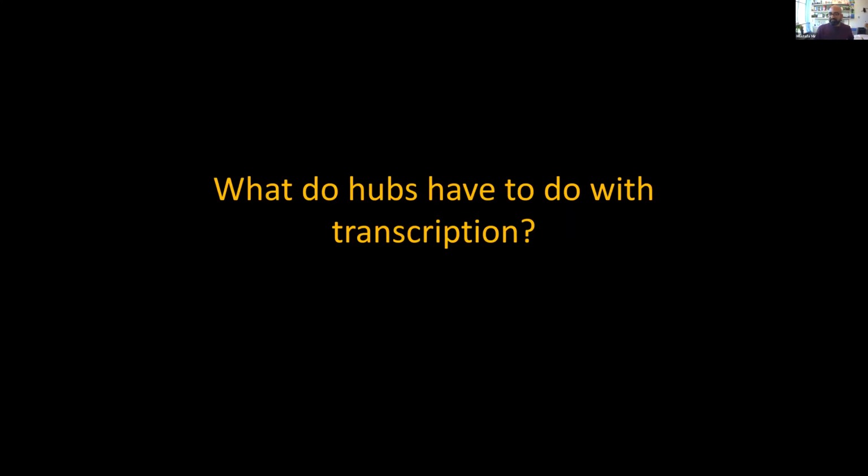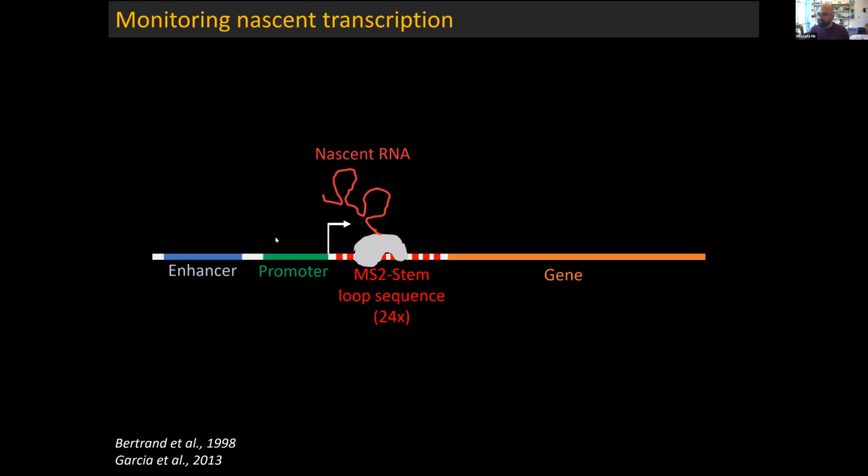This technology was developed by Rob Singer's lab at the Einstein Institute in New York City, which is called the MS2 system. It's a really cool piece of technology in which we take a sequence from a bacteriophage, which is a virus that infects bacteria, and we insert it into our gene of interest using genome editing.